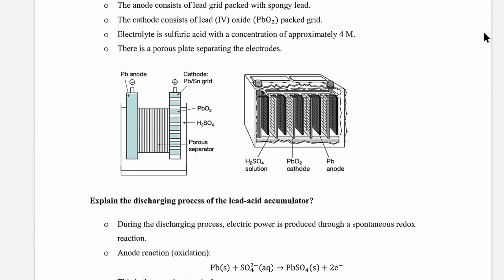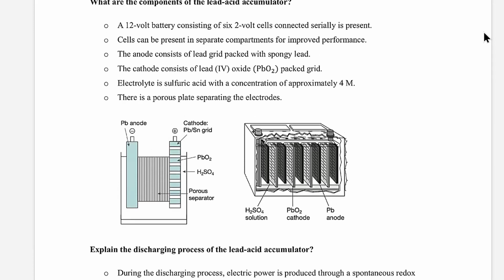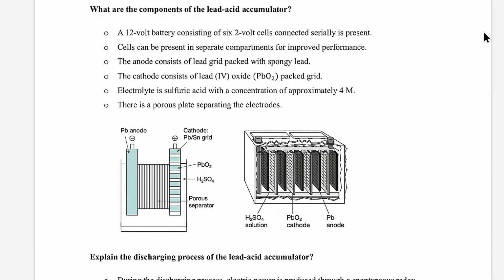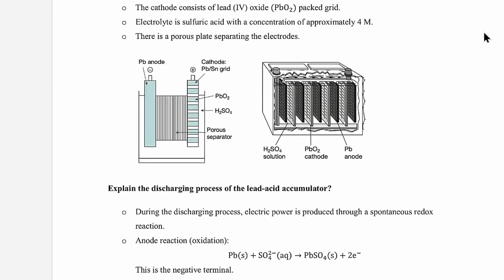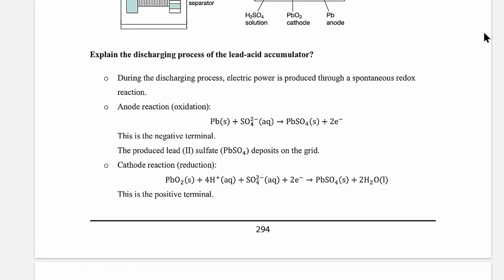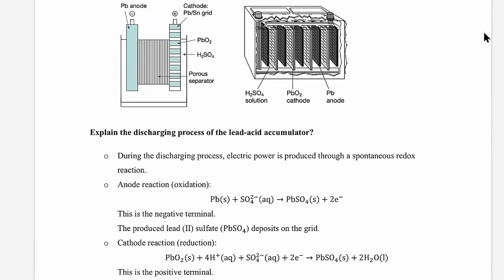It consists of a 12-volt battery, typically consisting of six 2-volt cells. The cathode consists of lead, and the electrolyte is sulfuric acid. And there is a porous plate inside separating the metals.